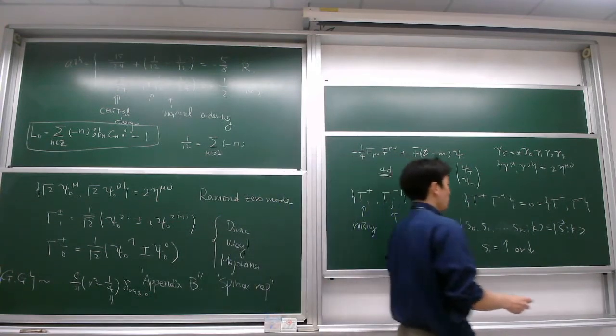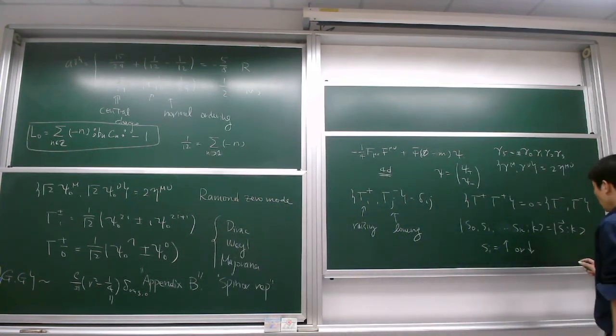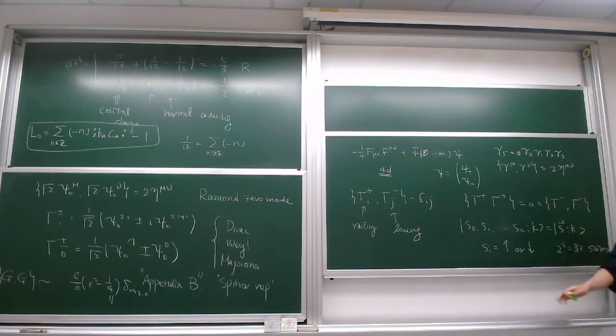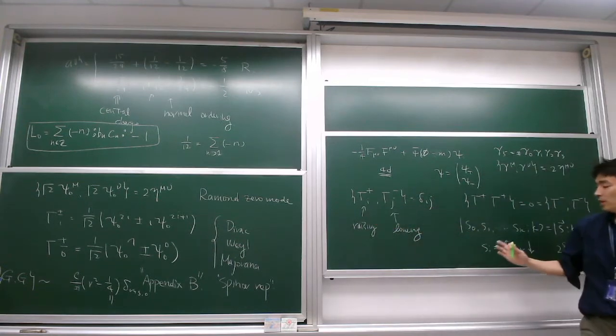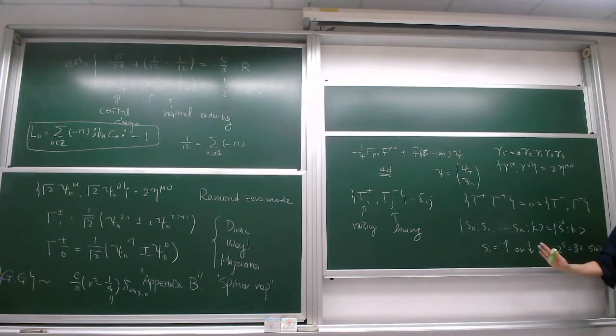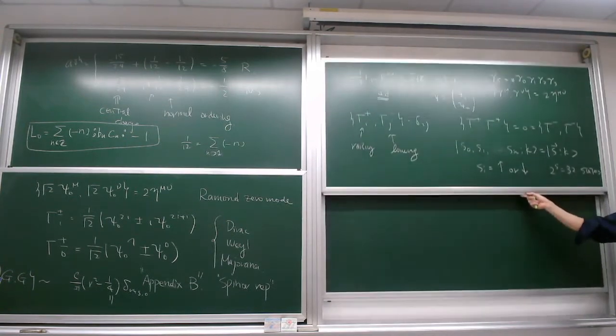So in the Ramond ground state, naively, without imposing any quantization condition or physical BRST quantization condition, it's just 2 to the 5, which is 32 states. And the creation, raising and lowering operators really swap the spin down and up.